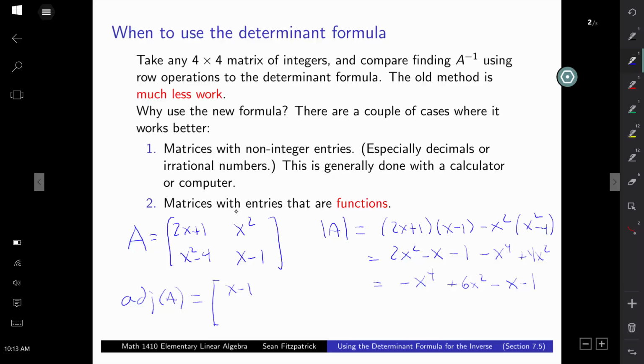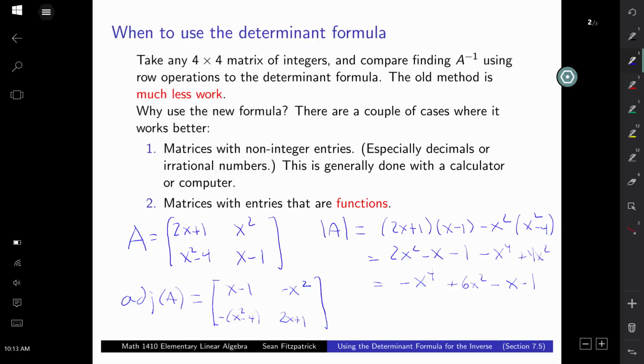That gives me x squared minus 4, but it comes with a minus sign because 1 plus 2 is odd, but because I'm doing the transpose, it goes down here. So I get minus x squared minus 4. And then here, similarly, I get minus x squared, and finally 2x plus 1 there.